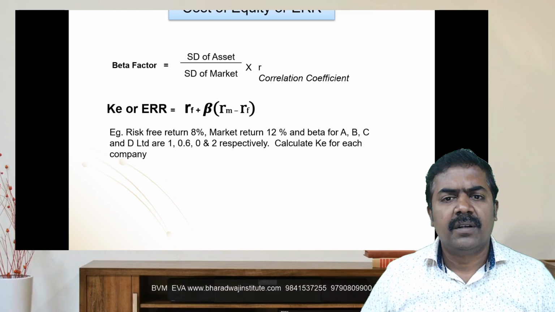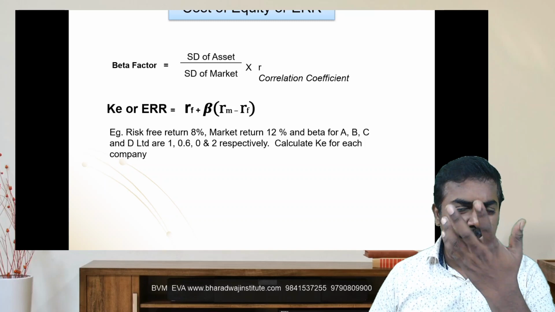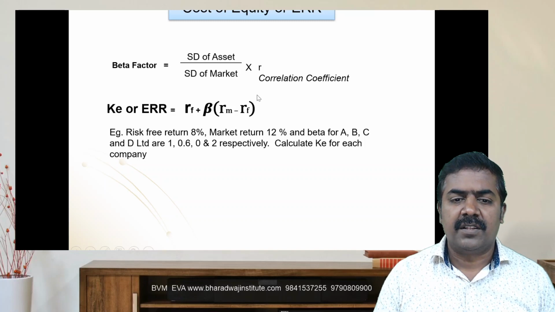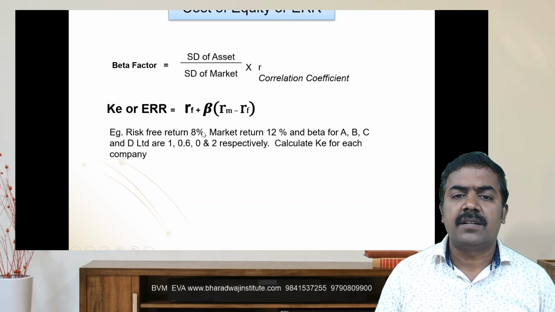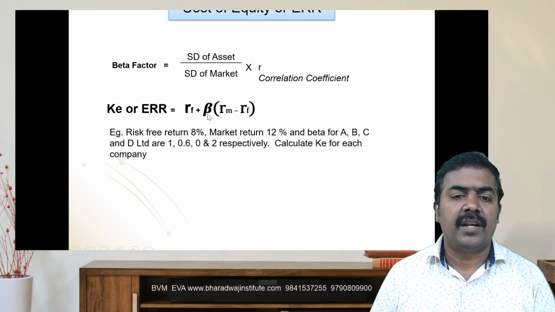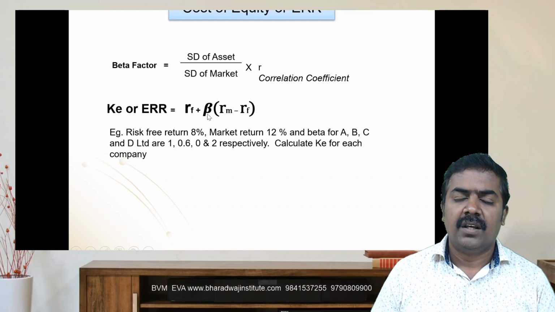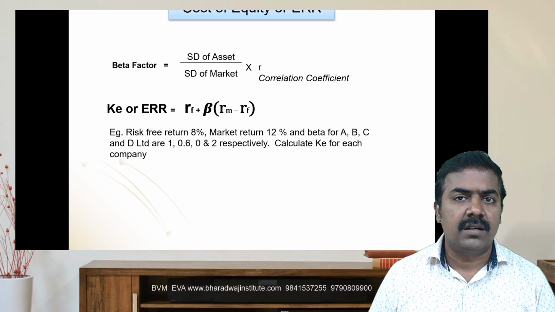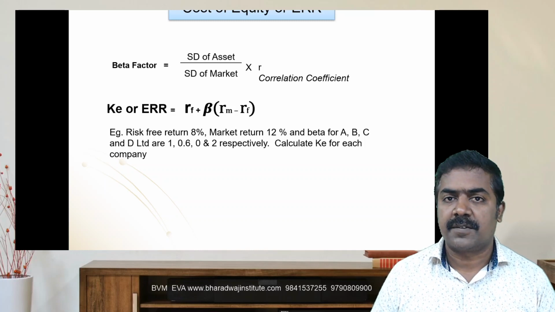Just pause the video and try to work it out. It may take about 5 minutes. Apply the risk-free rate of return of 8%, plus market rate of return 12% minus risk-free rate of return, multiplied by beta factors 1, 0.6, 0 and 2. Risk-free return and market return are constants; only the beta changes depending upon the volatility of shares.